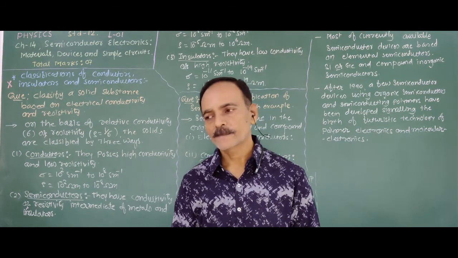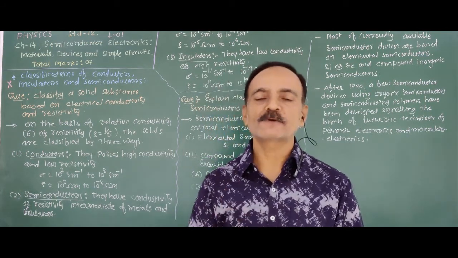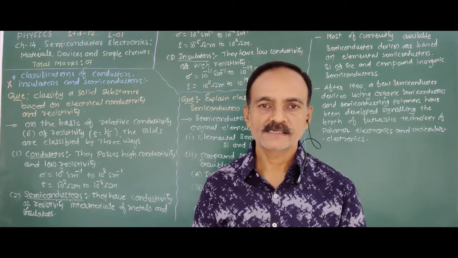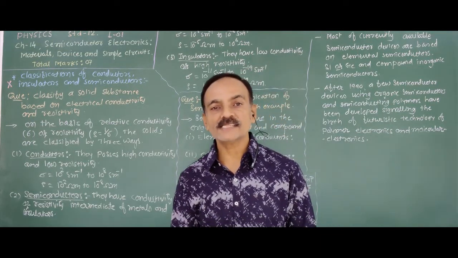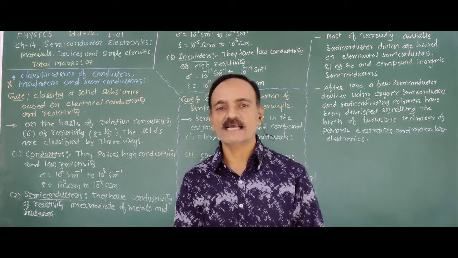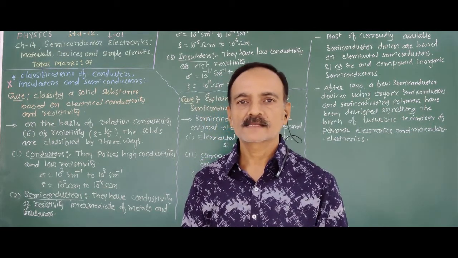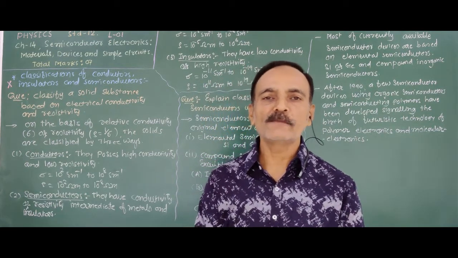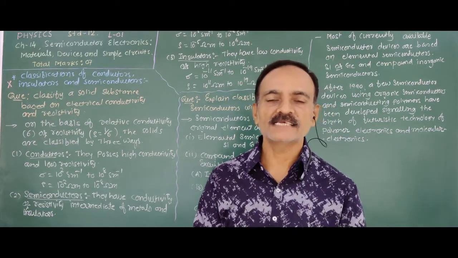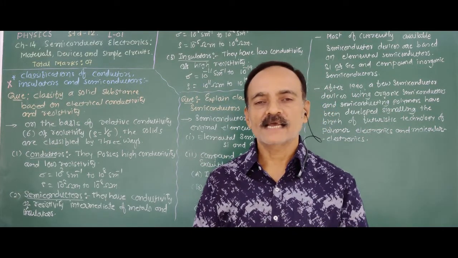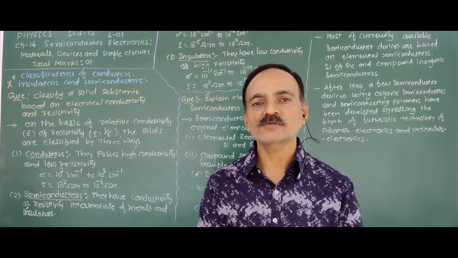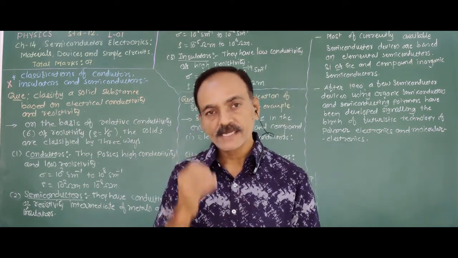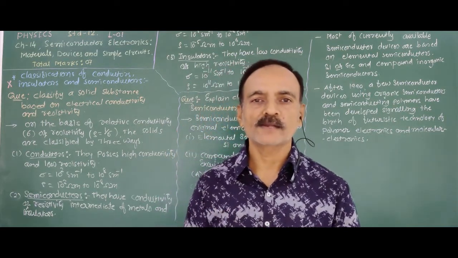As the temperature increases from 0 Kelvin, what happens? Due to the thermal oscillation of positive ions, some covalent bonds are broken. As a result, the electron becomes free and the positive ion also becomes free due to the breaking of the covalent bond.